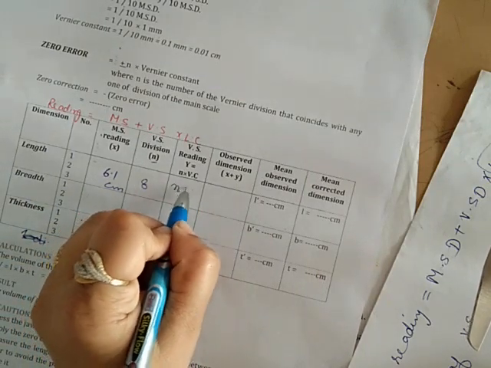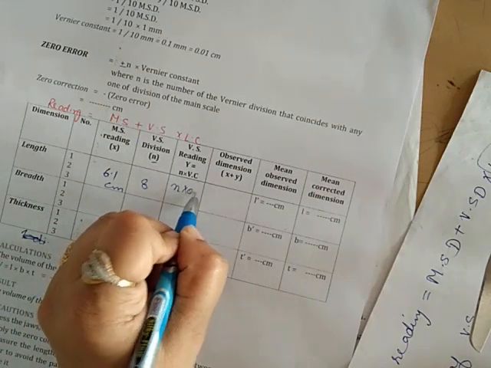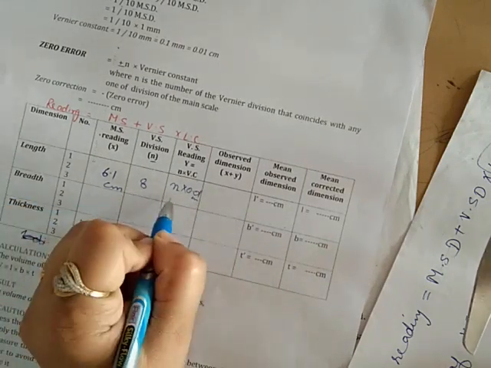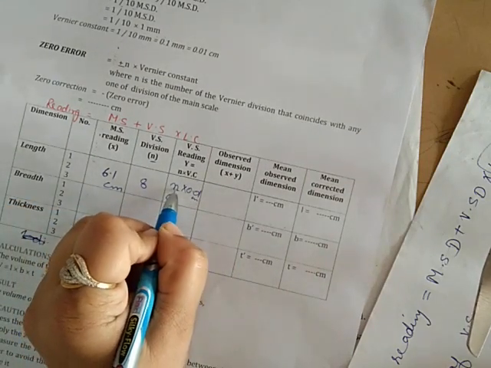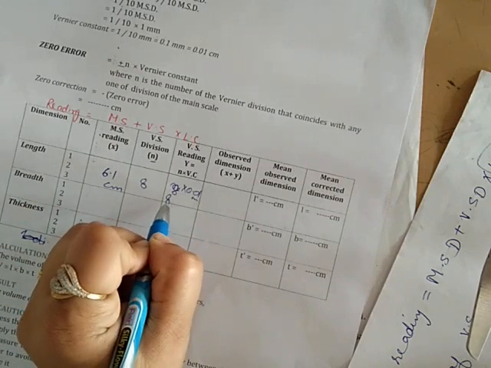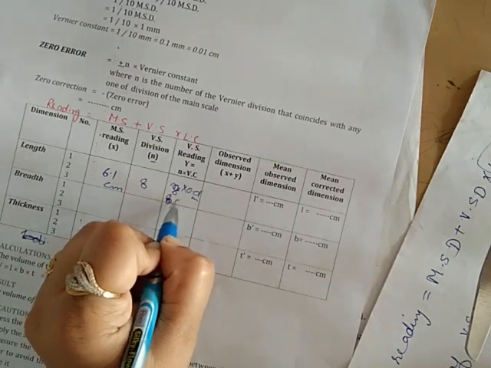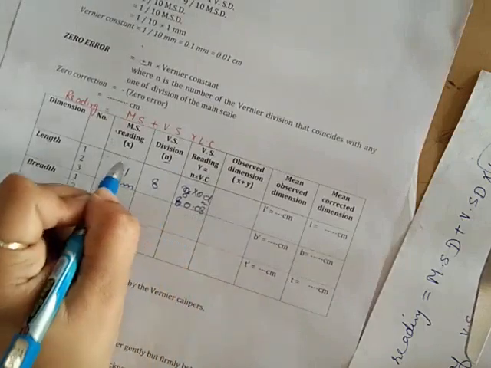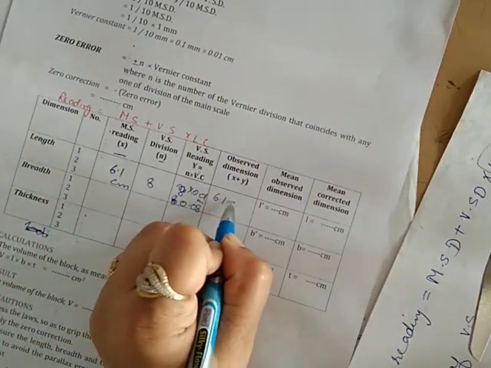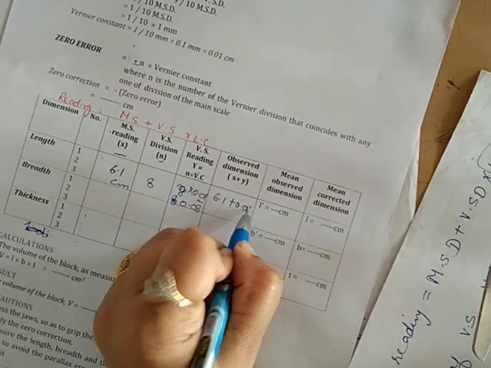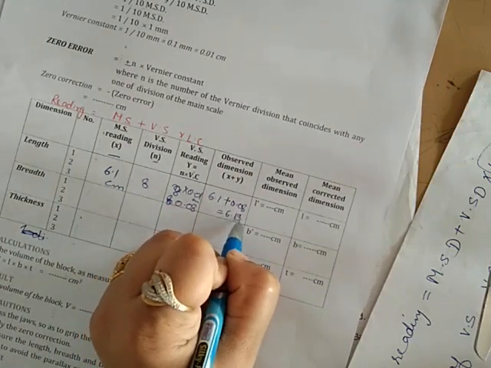N is 8 and the vernier constant is 0.01 centimeter. So 8 into 0.01 centimeter is equal to 0.08. Then add x and y, that is 6.1 plus 0.08 is equal to 6.18 centimeter, the length of this rectangular block.